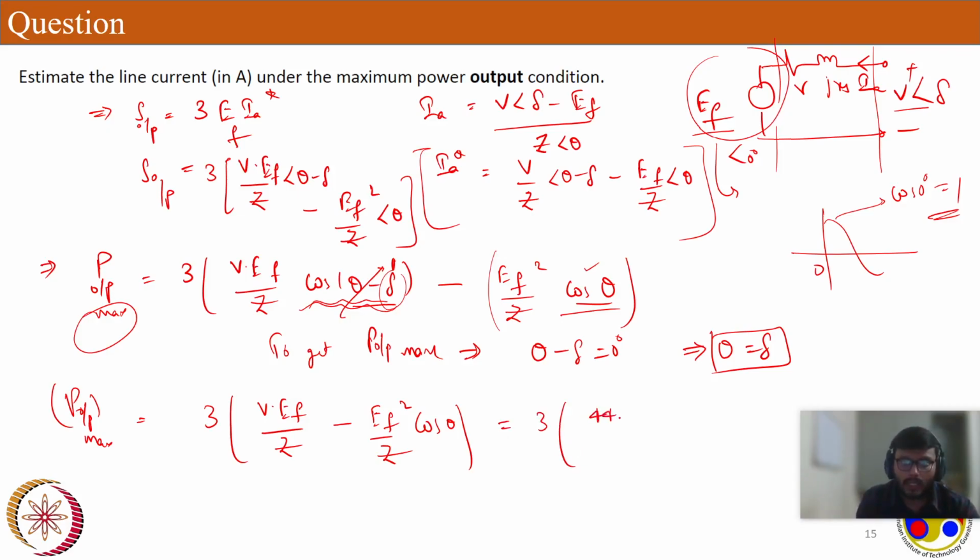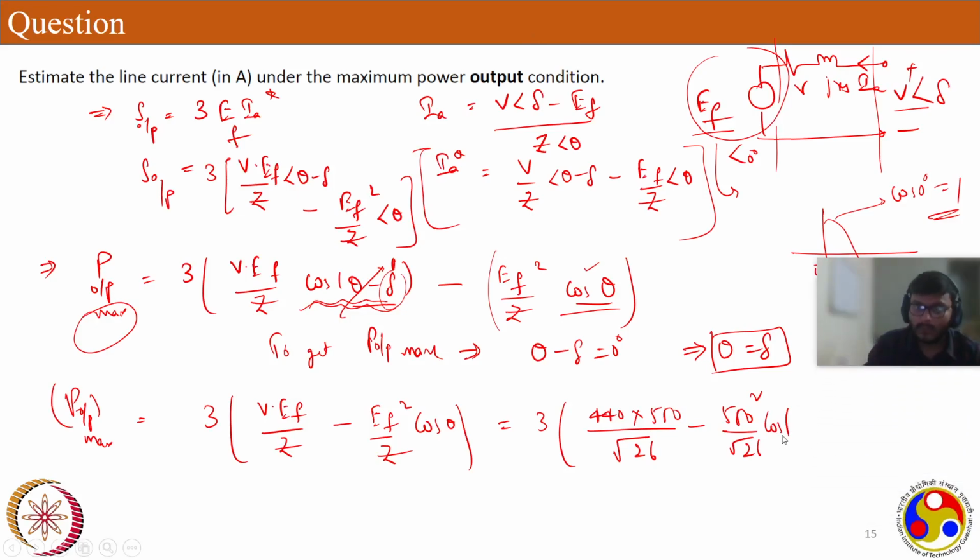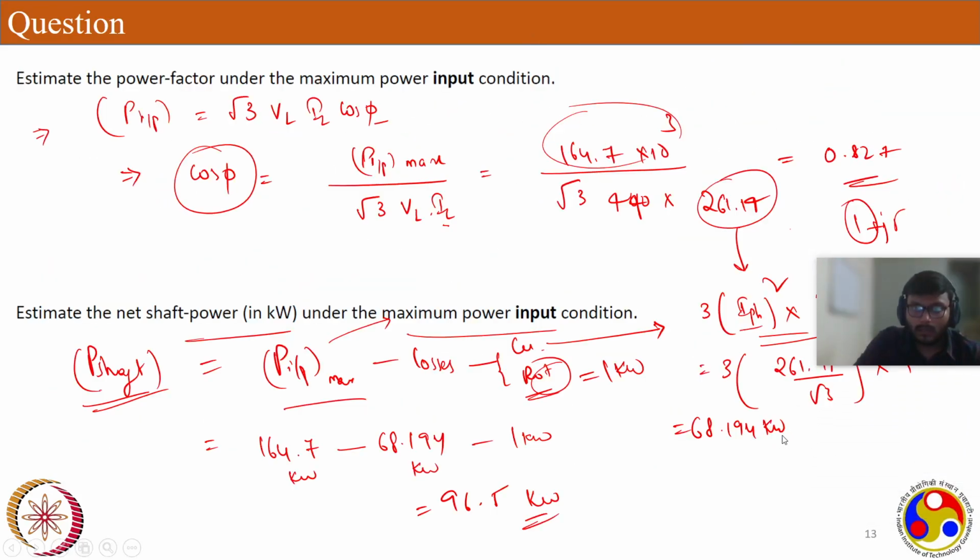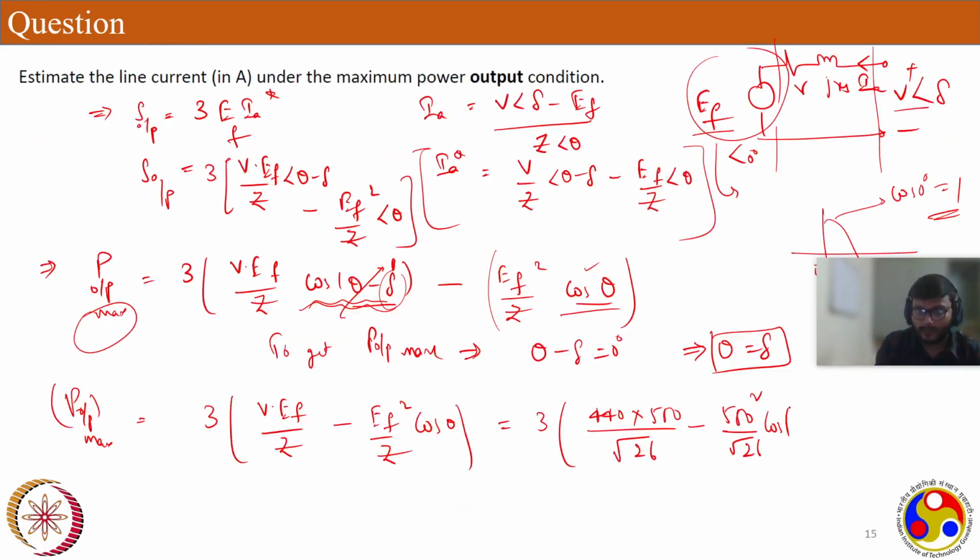V is 440 multiplied by EF is 550 divided by root 26 minus 550 square by root 26 cos theta. How much is theta? Theta is 78.69. Okay, someone calculate it along with me.